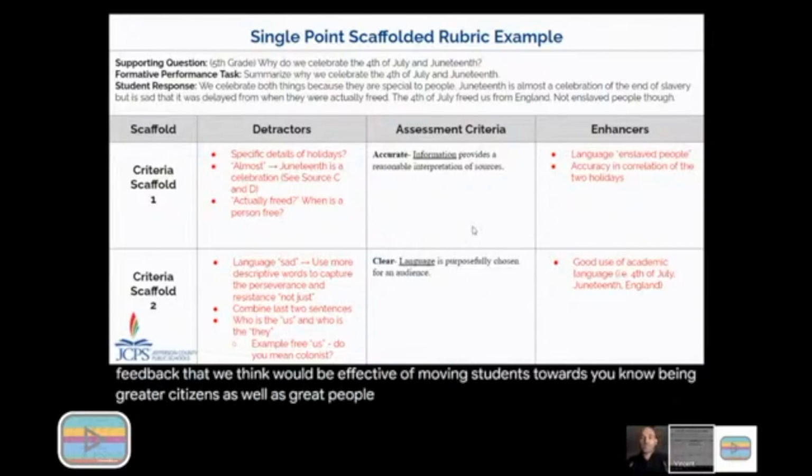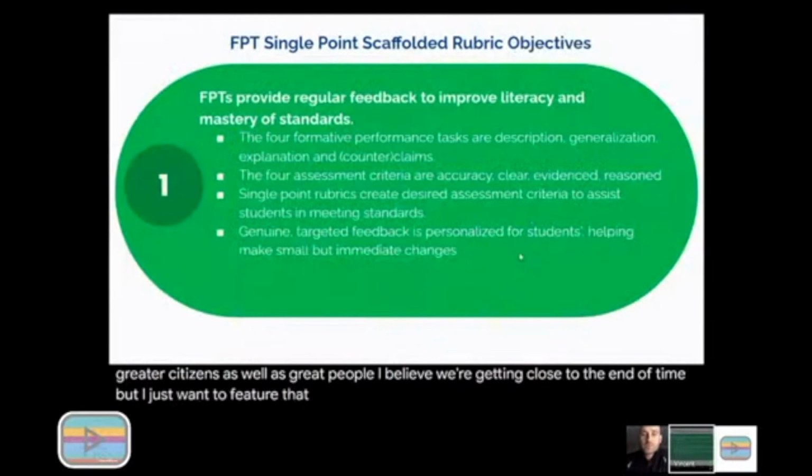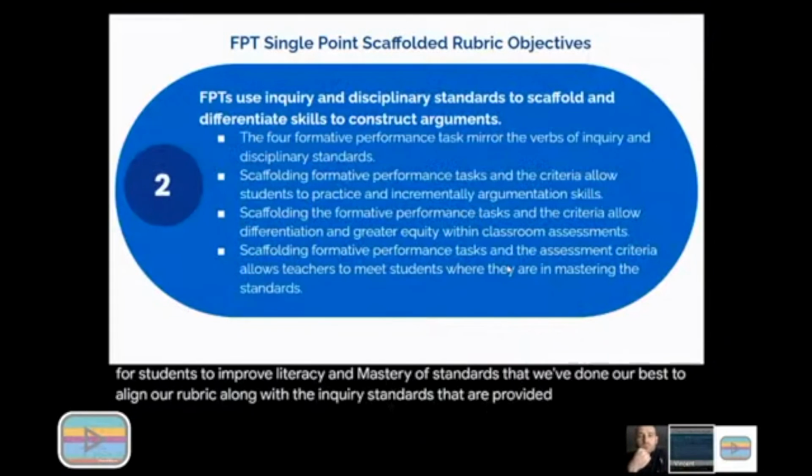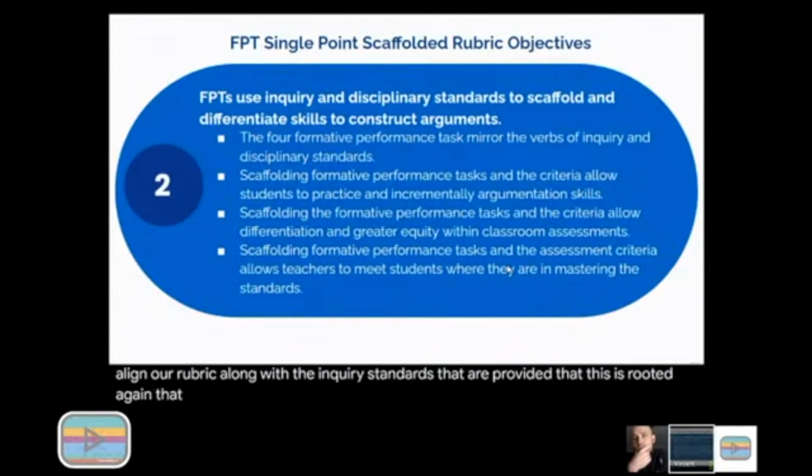I believe we're getting close to the end of time, but I just want to feature some key objectives that we noticed here. We're trying to provide formative performance tasks that provide consistent feedback for students to improve literacy and mastery of standards. We've done our best to align our rubric along with the inquiry standards that are provided. This is rooted in our inquiry and disciplinary standards, but we're also scaffolding to construct arguments.